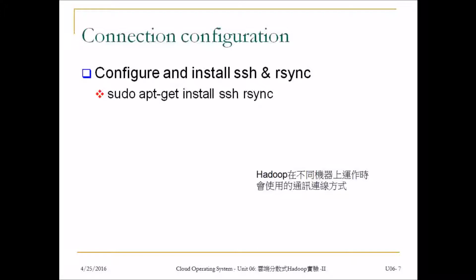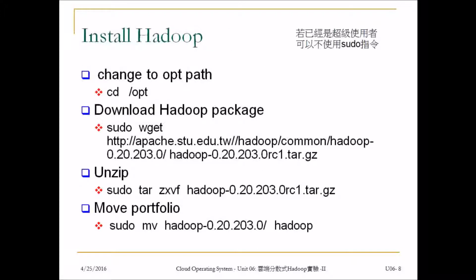We need to get and install these two connection packages because Hadoop will use different connections between different machines. After installing and configuring the Java environment and the connection packages, now we can install the Hadoop package.